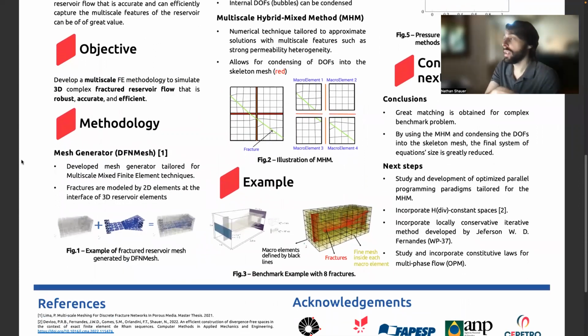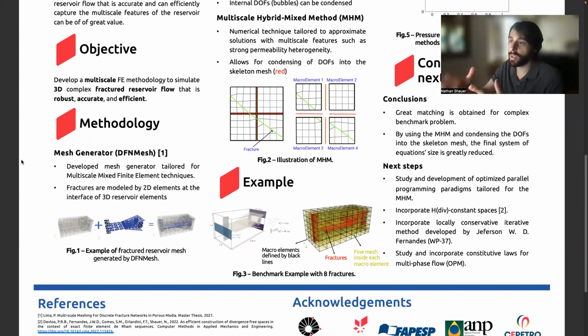We are using the finite element method to do the simulation. So the first step is to have a mesh generator for this type of fracture networks. And for that reason, we developed our own mesh generator called the FEN mesh that is tailored for multi-scale mixed finite element techniques.